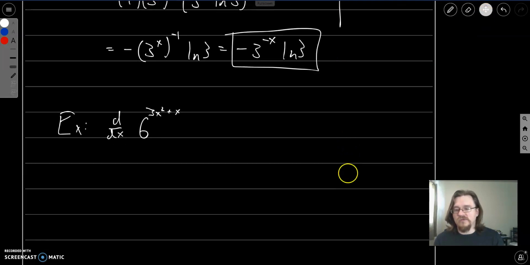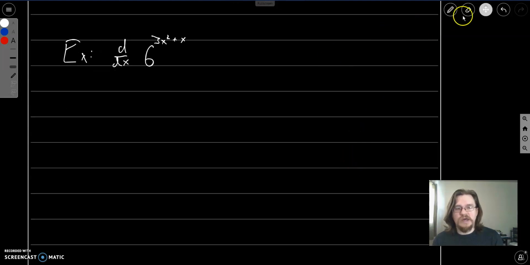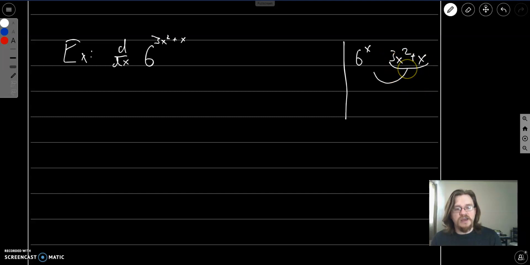Let's just keep doing more functions. So I have the derivative of 6 to the 3x squared plus x. Okay? So again, what you'll notice is that I have a 6 to the x, but I'm composing that with 3x squared plus x. I'm taking this function and plugging it into my 6 to the x power here.